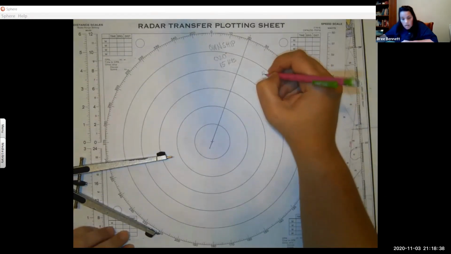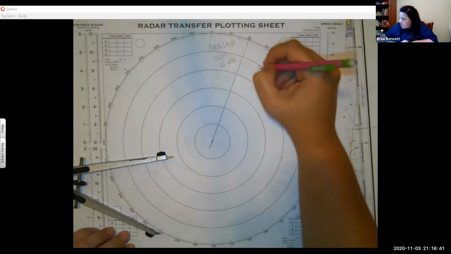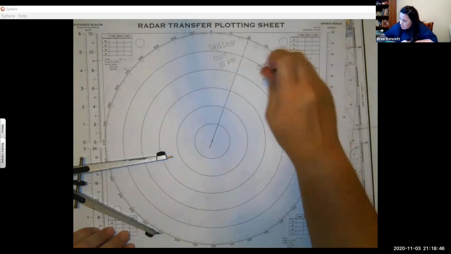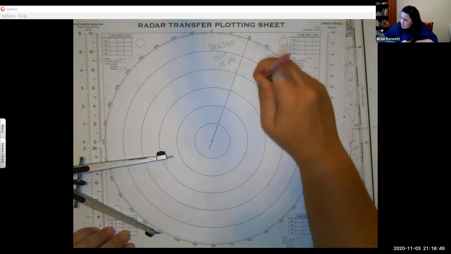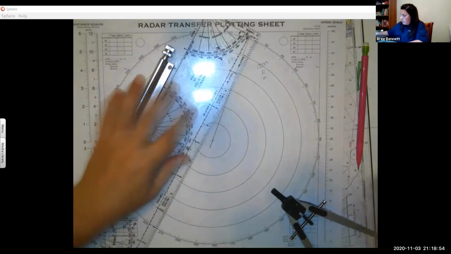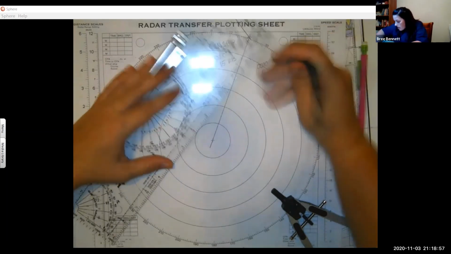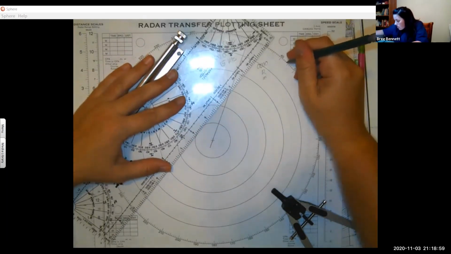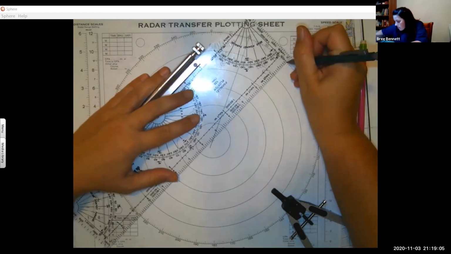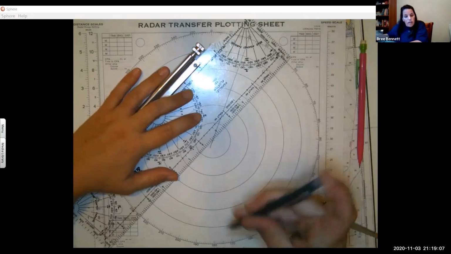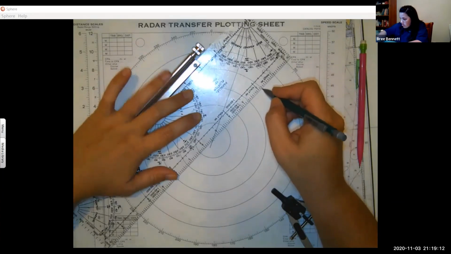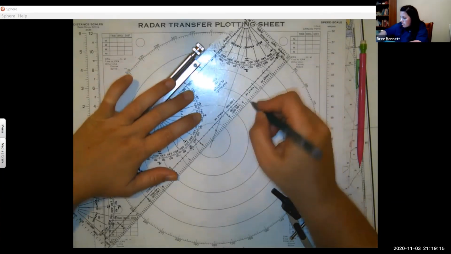So this is R, and that was at 0800. And then at 0806, it is 44 at 7.6.